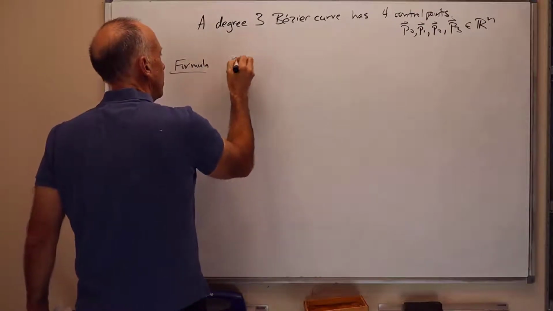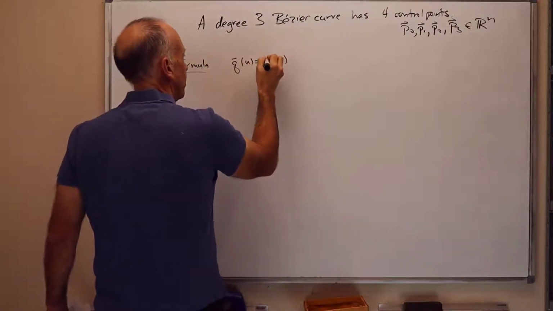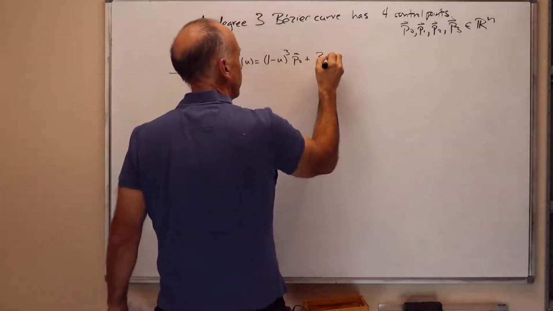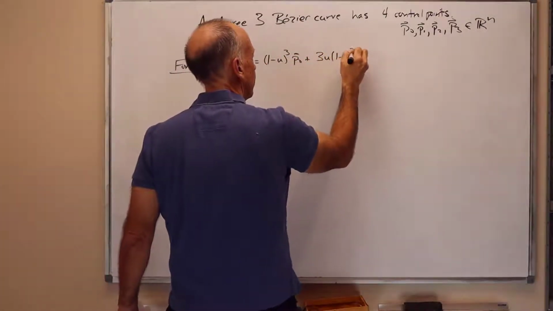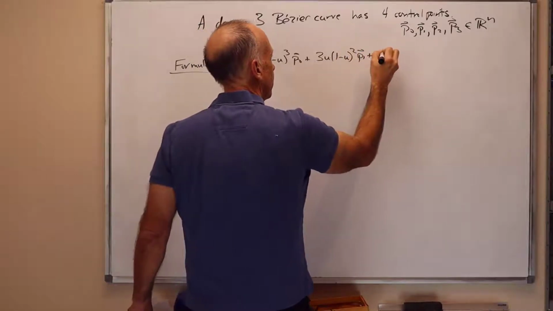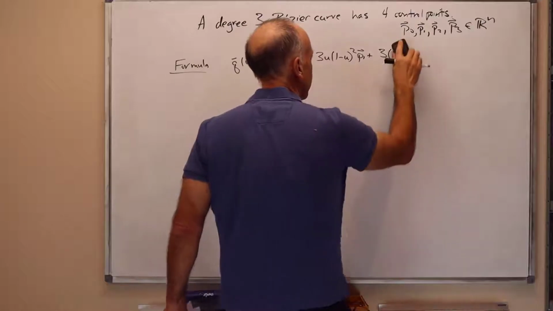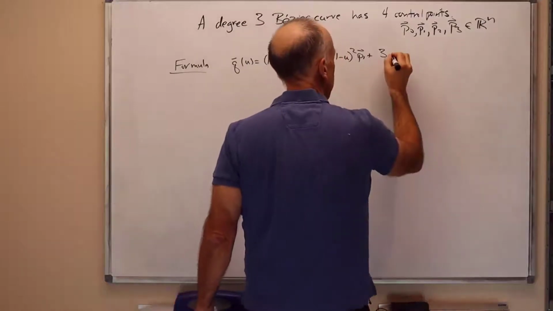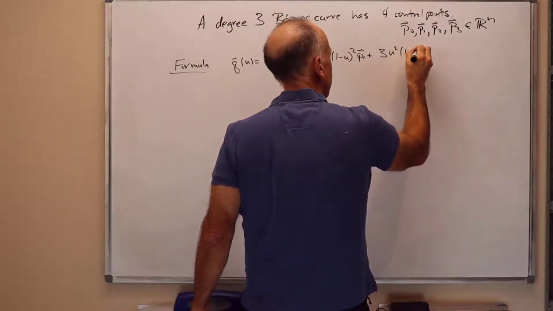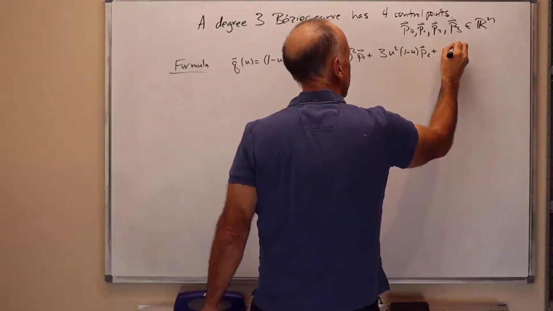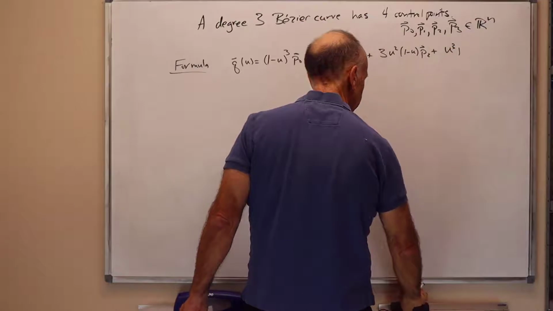is Q of U equals (1 minus U) cubed P0 plus 3 times U times (1 minus U) squared times P1 plus 3 times U squared times (1 minus U) times P2 plus U cubed times P3.